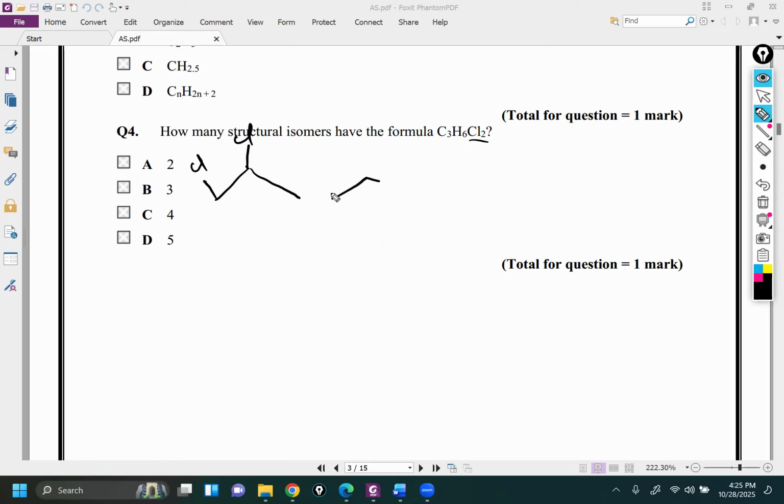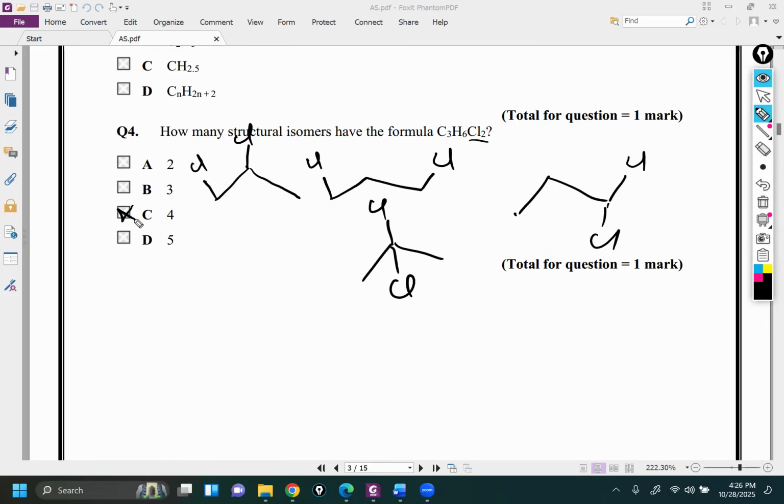Then in the second structure, if we attach chlorine here and here, second structure. And in the third structure, if you attach one chlorine here and one chlorine here, and in the fourth structure, both chlorines can be attached to the central carbon. So in all the structures, chlorines have different positions. So the correct option is option C.